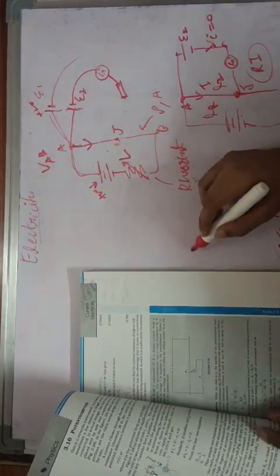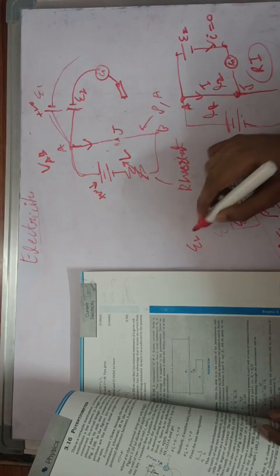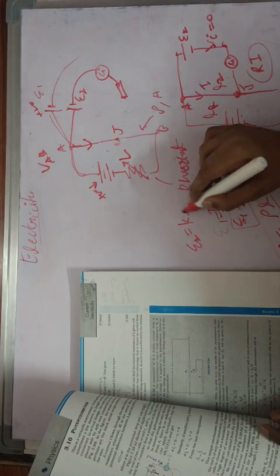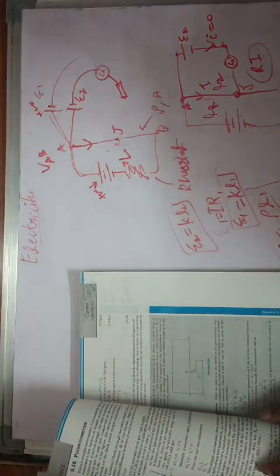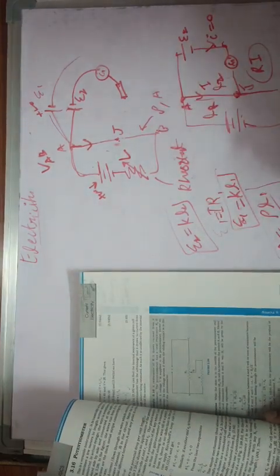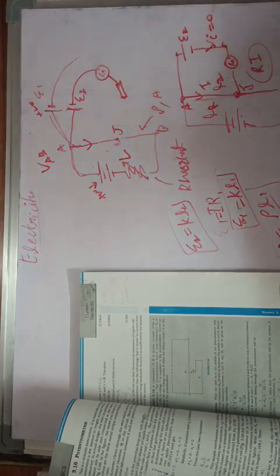So if E1 is equal to K times L1, then E2 will become K times L2. And in both cases the current flowing in the circuit was I.